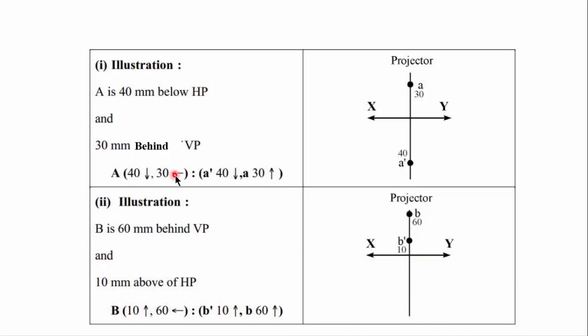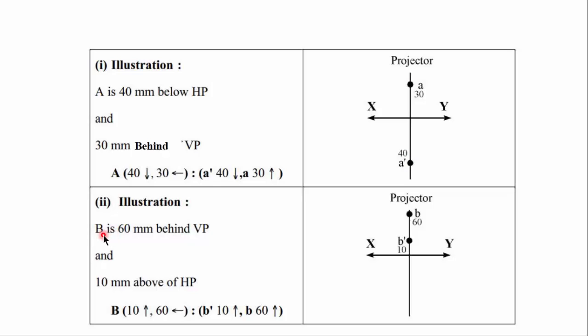These details we have to just rotate the arrow in clockwise sense through 90 degrees to get the details of plan, and here they are. The plan is 30 mm above XY line. Here they are shown. Plan is 30 mm above, elevation is 40 mm below.